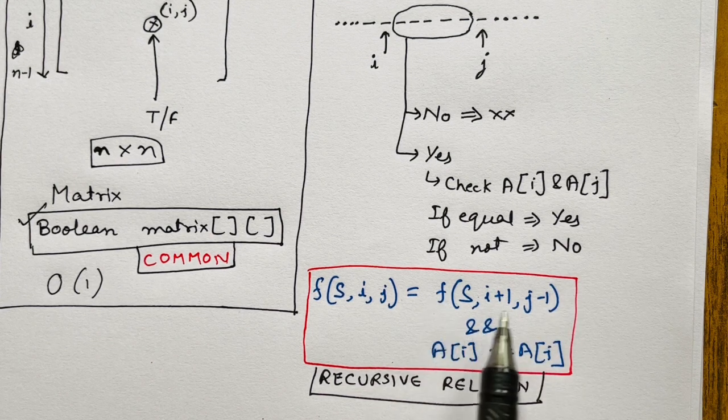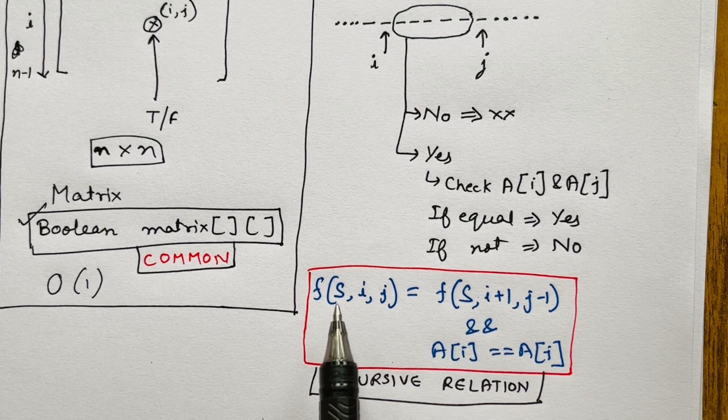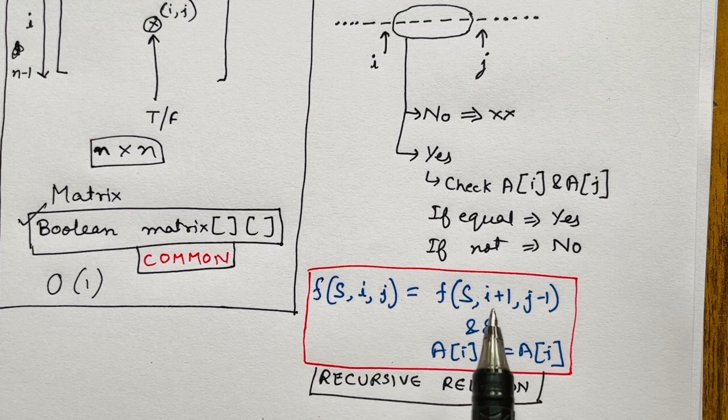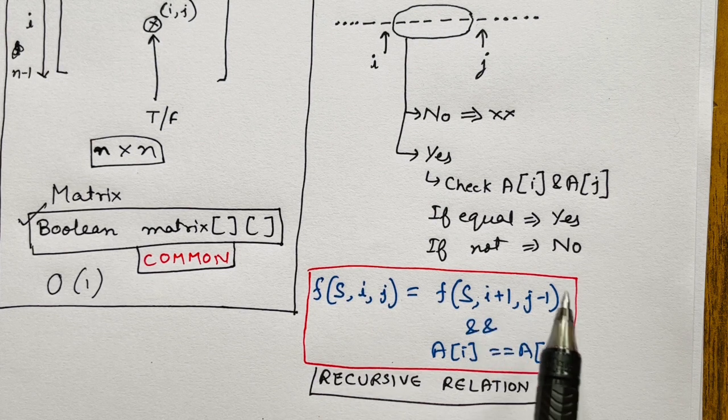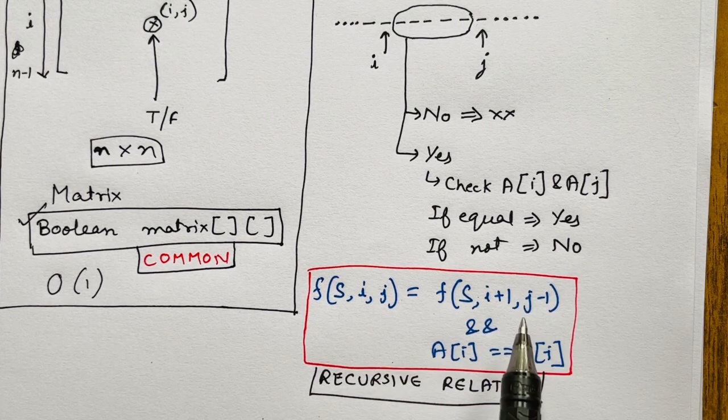If this is a palindrome and the two extreme characters match, then we can say that this is a palindrome. So what have we done here? We have essentially broken down our bigger problem into a smaller problem. And if somebody can tell us the result of the smaller problem, we can deduce the result of the bigger problem. This is recursion, and this is the recursive relation.